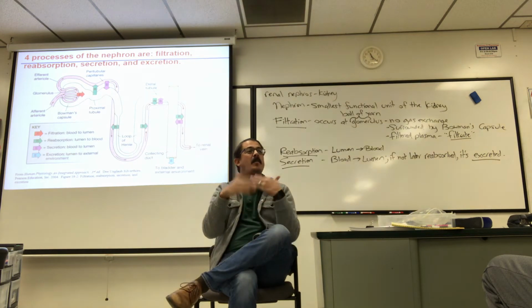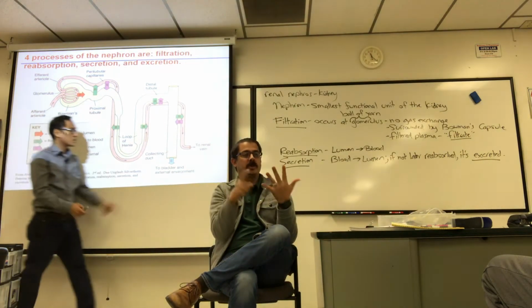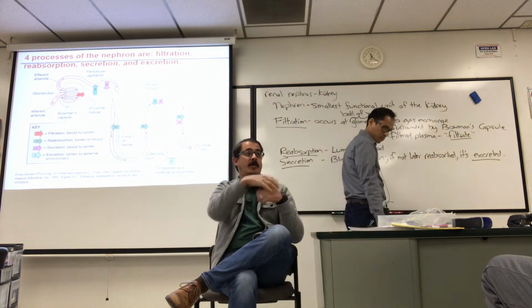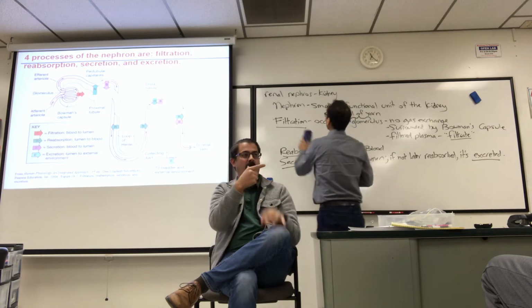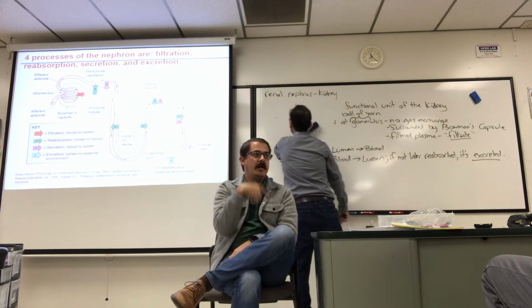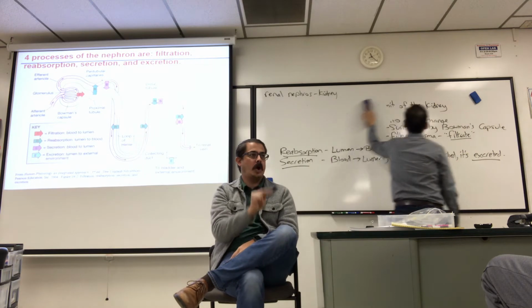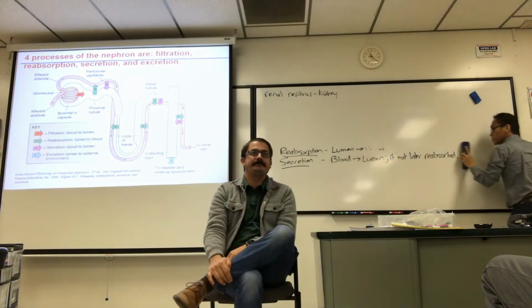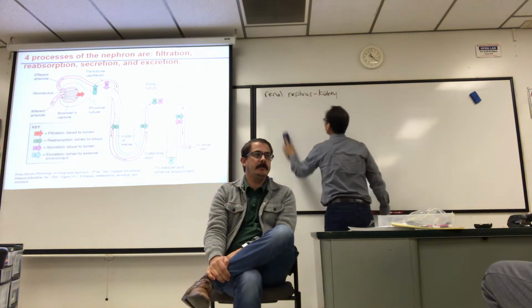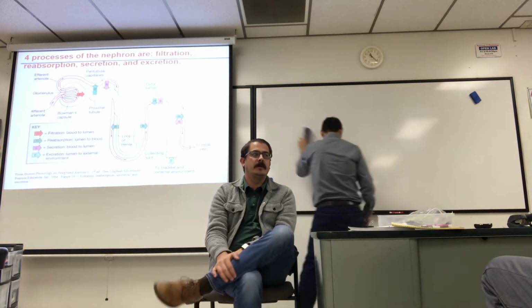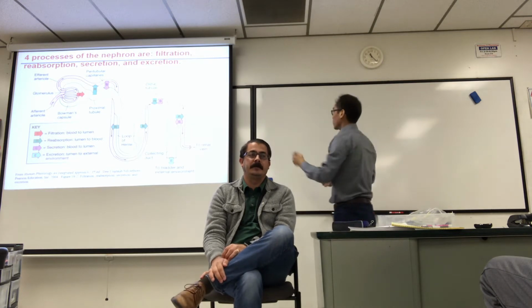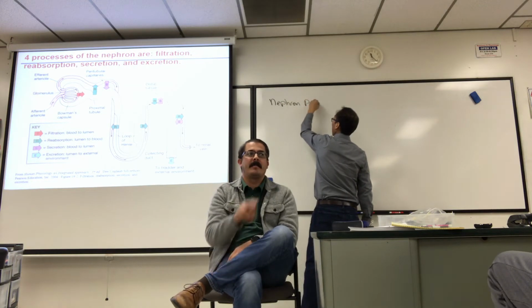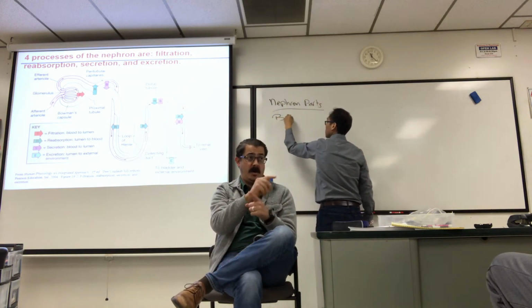The nephron parts we should go through too. It starts with the Bowman's capsule surrounding the glomerulus.